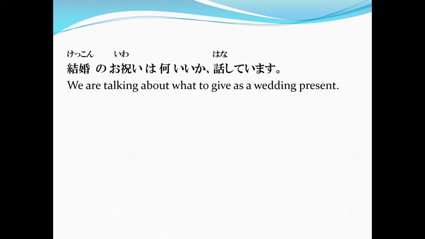Now in this example, the speaker is saying that they are talking about what to give as a wedding present. Nani ka? Now let's move on to another example.